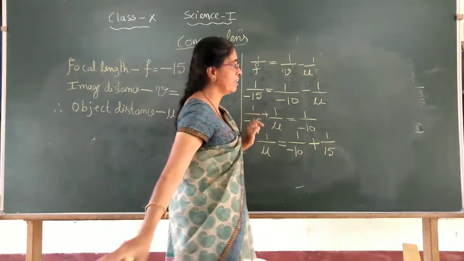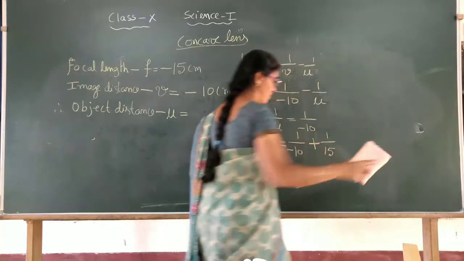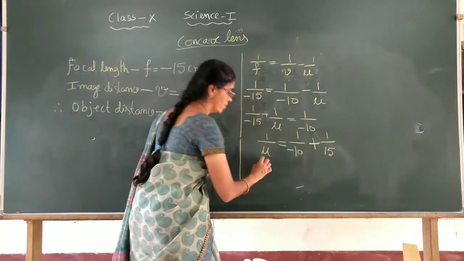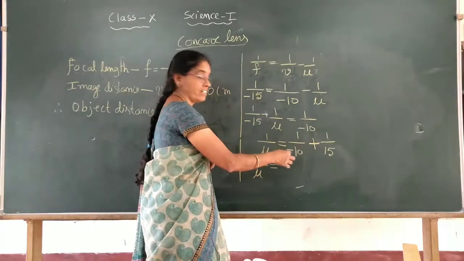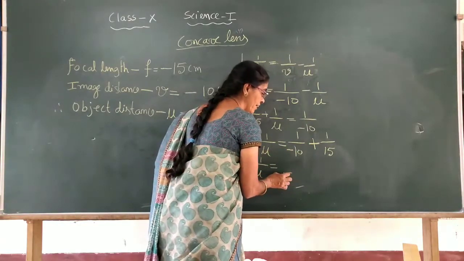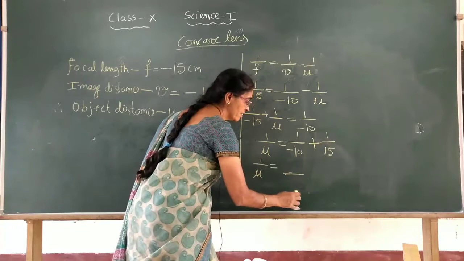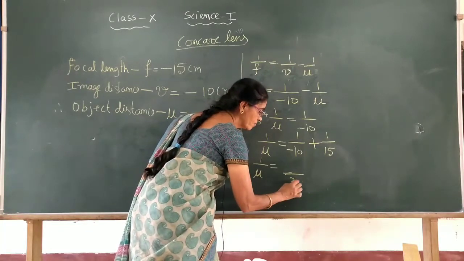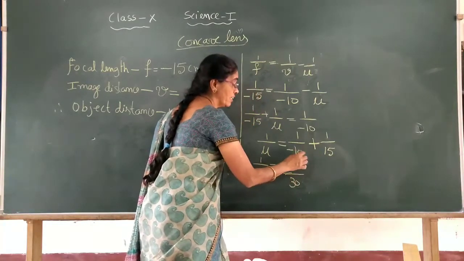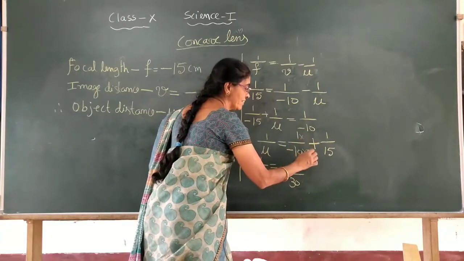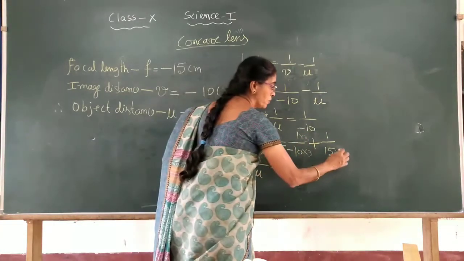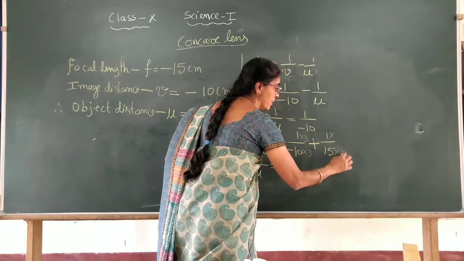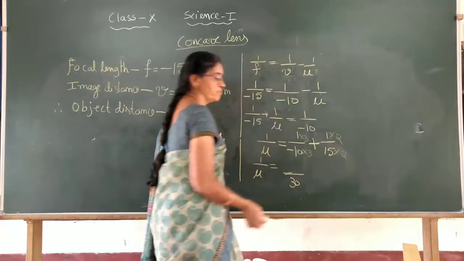Now what is the common denominator? 1 by U is equal to, 15 and 10. What is the LCM of 15 and 10? It is 30. Which number do we have to multiply to get 30? Children, 3. And which number do you have to multiply both the numerator and denominator by? 2.